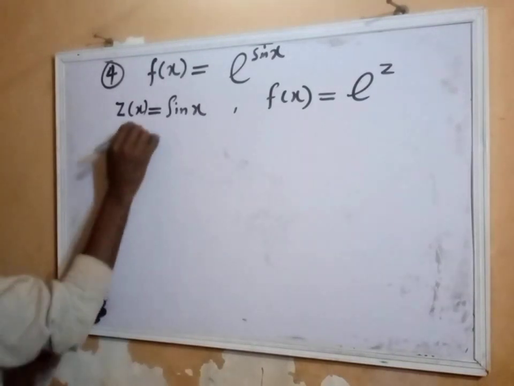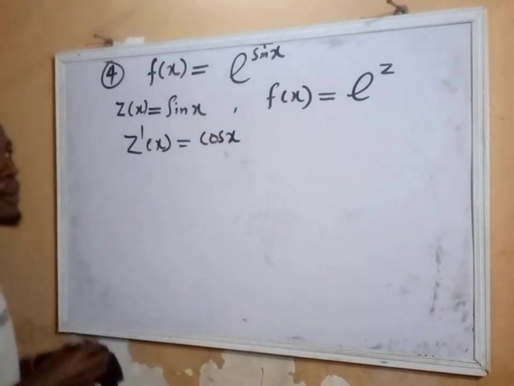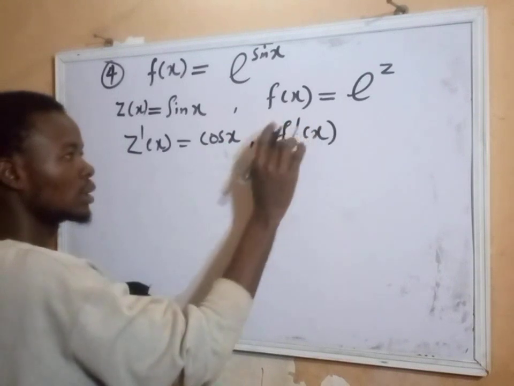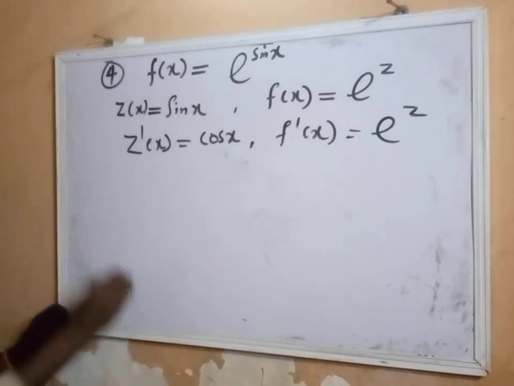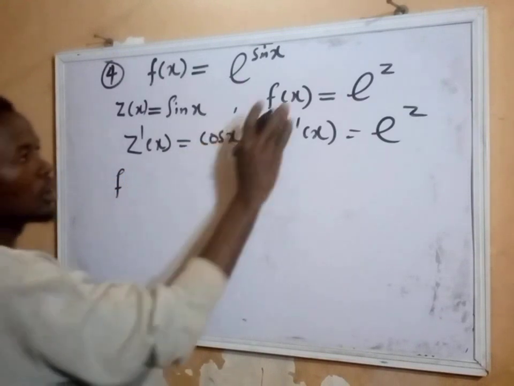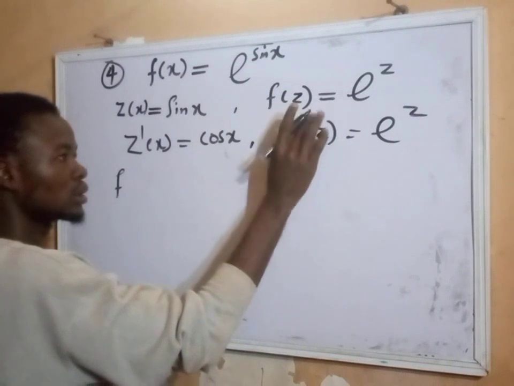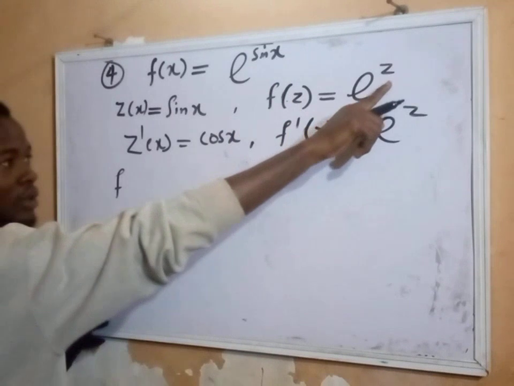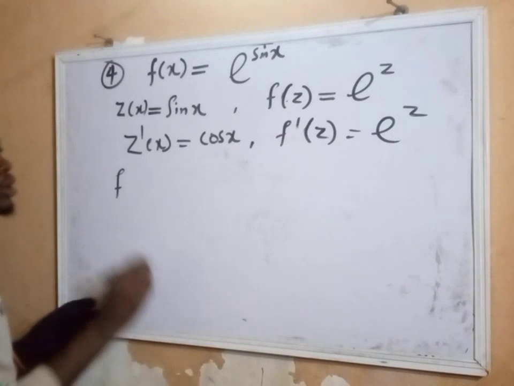Let's see, the z prime of x equals cos x, and the f prime of z equals exponential of z. Don't be mistaken, f prime of z, because we are differentiating with respect to x, not z.